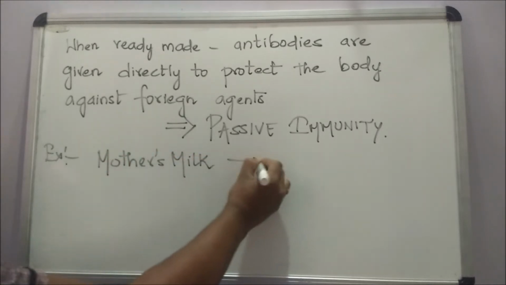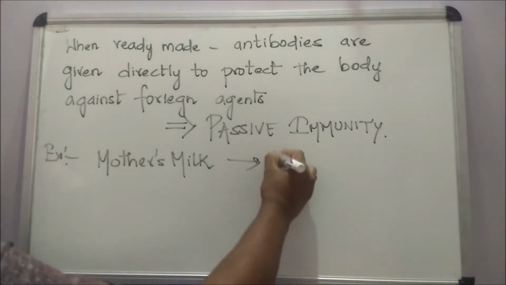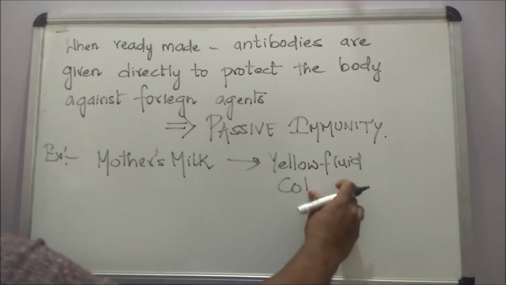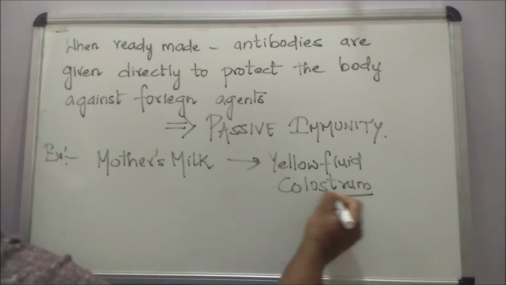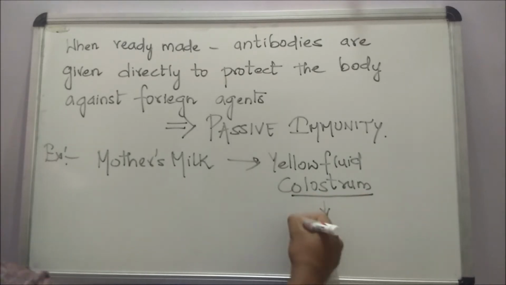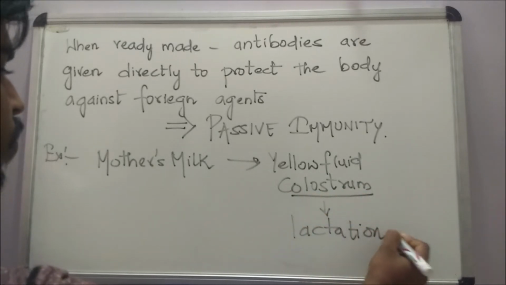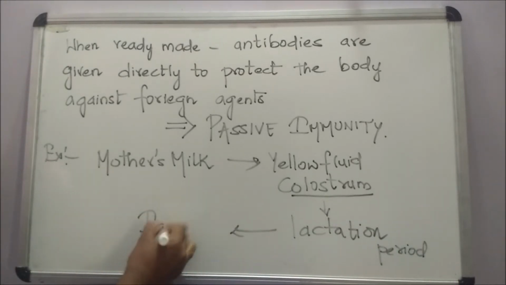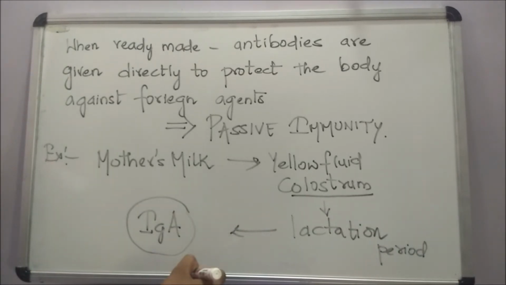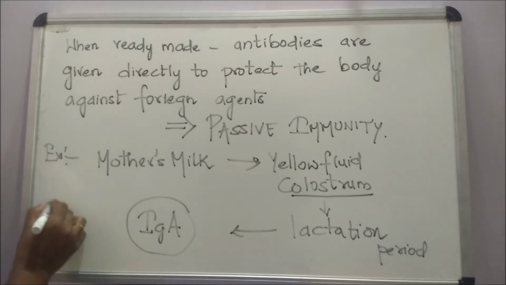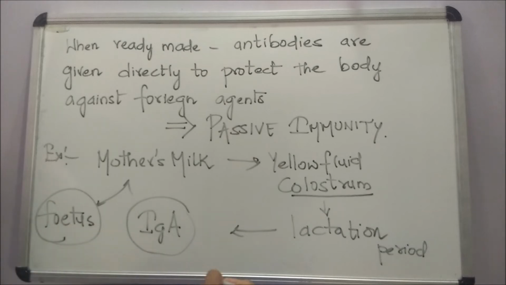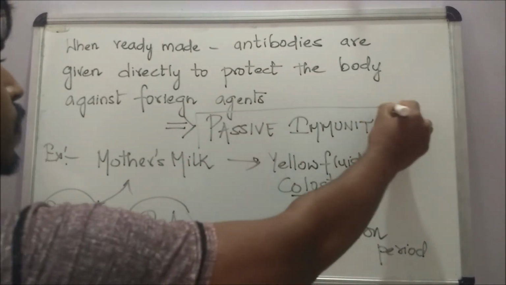One is the mother's milk, which is very essential for the newborn infant because it contains a yellow fluid called colostrum during the initial stages of the lactation period, which is rich with antibody IgA, which protects the infants. Same thing when the fetus receives the same sort of antibodies from the placenta. This is a very good example of passive immunity.